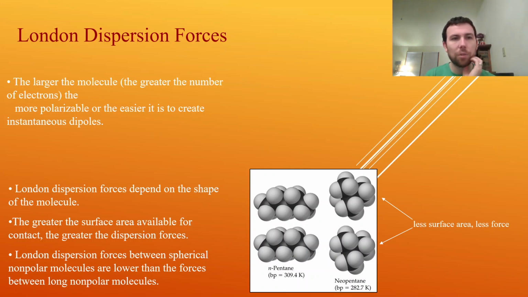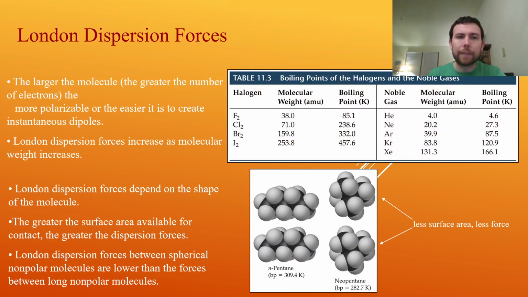Polarizable simply means that it's easier to create instantaneous dipoles within your molecule. I've heard it described as your molecule being more squishy. It can be more easily distorted in terms of its electron clouds, and therefore it increases the London dispersion forces experienced by that molecule.